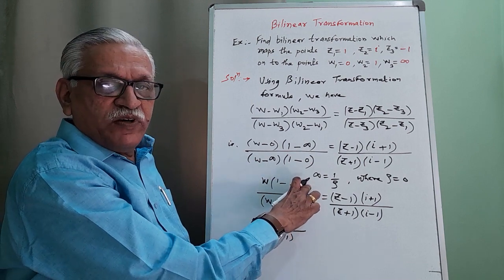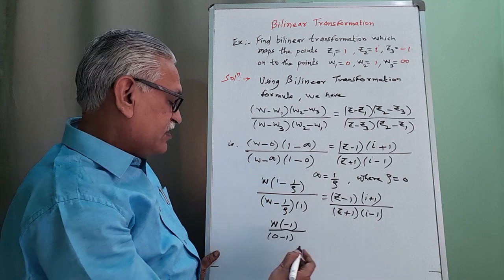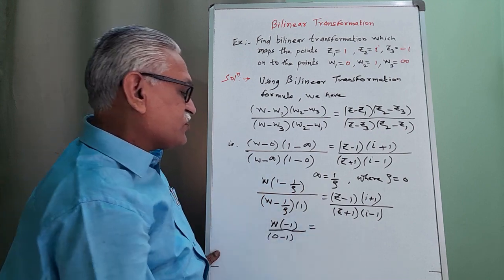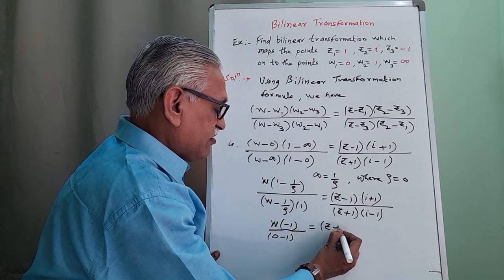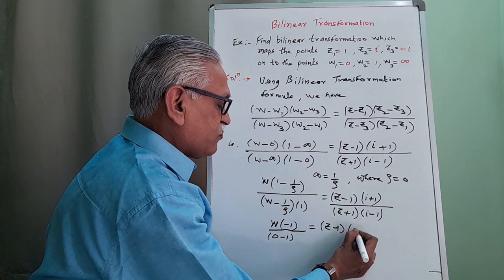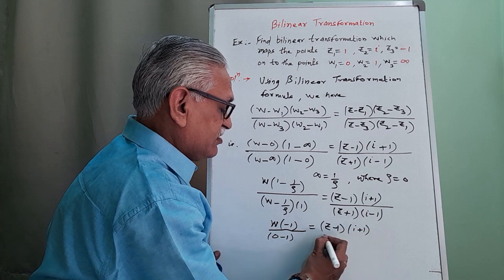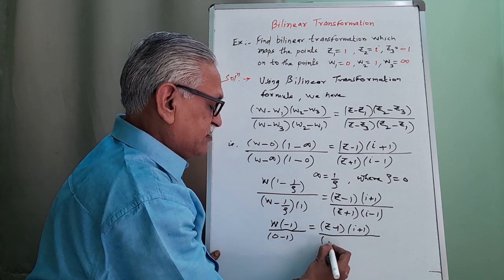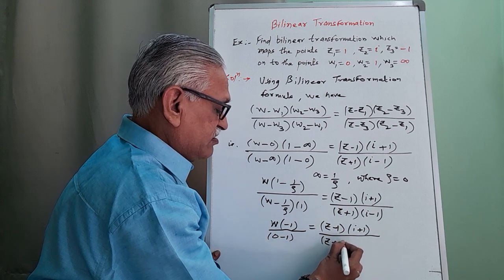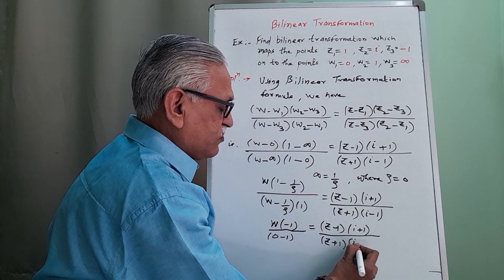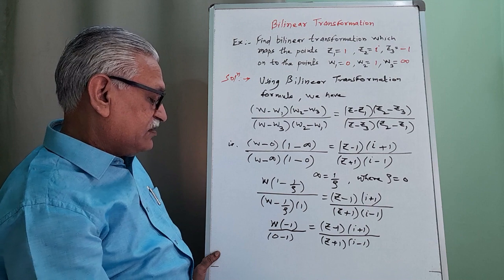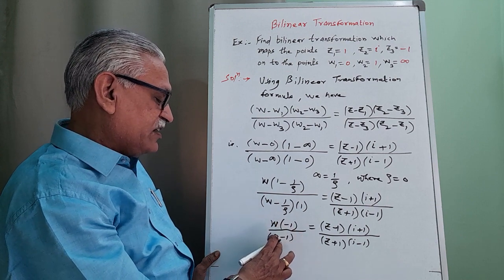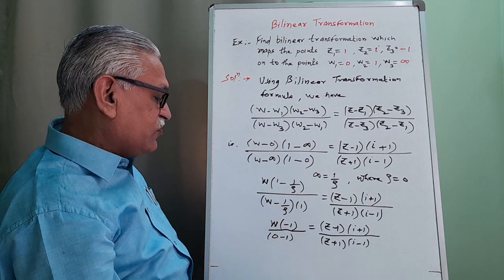Rho from numerator and denominator gets cancelled, and therefore we get w equals z minus 1 into i plus 1, whole divided by z plus 1 into i minus 1, and this minus and that minus get cancelled.